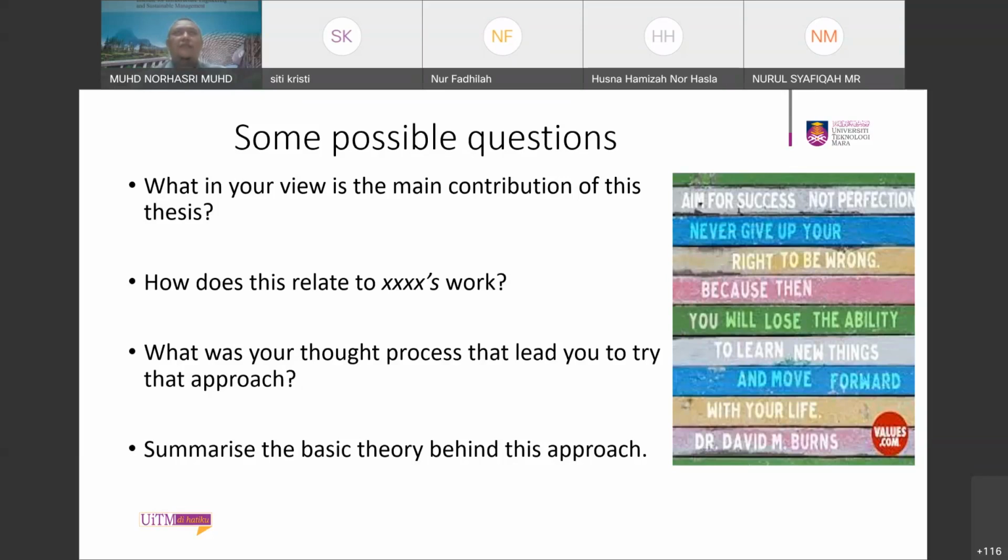If you cannot get the answers from journals or from discussion with friends, please refer back to your supervisors. During my PhD years, I had two supervisors who were very helpful.